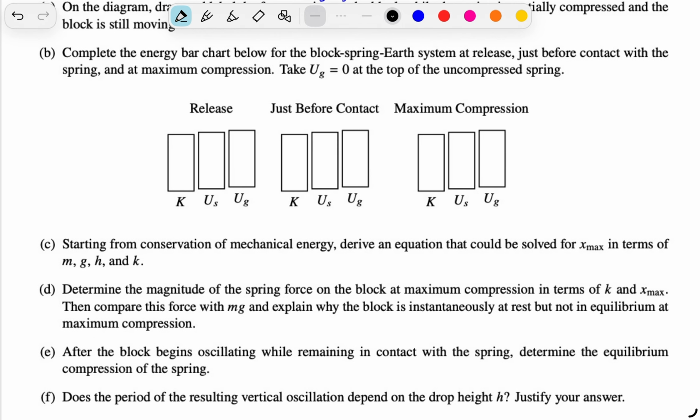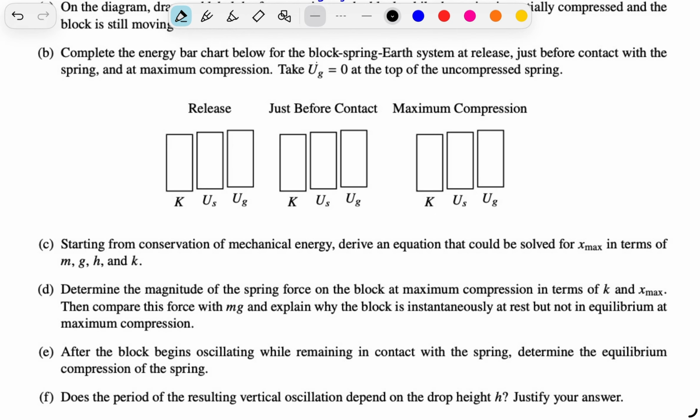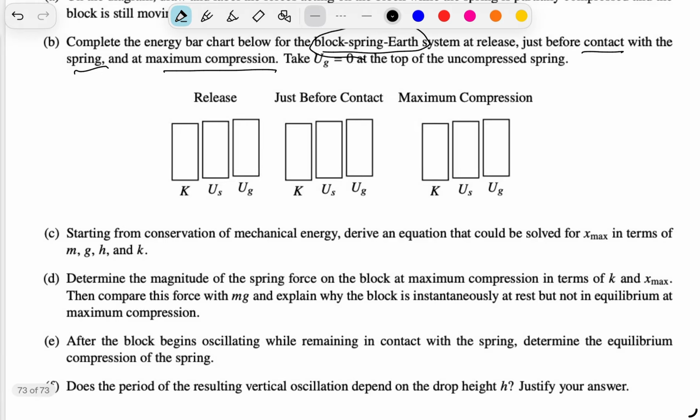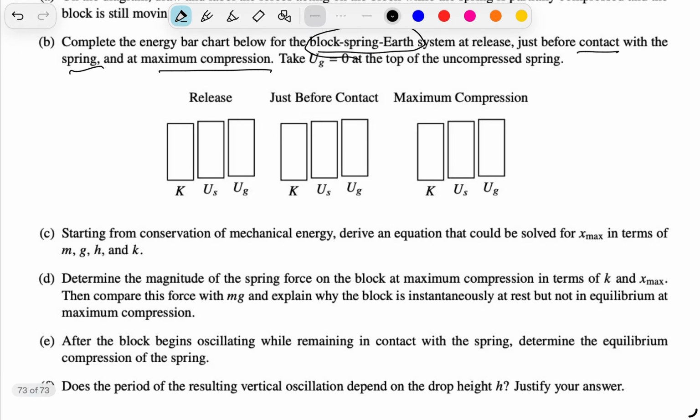Complete the energy bar chart for the system at release, just before contact with the spring, and at max compression. So at release, you are at h above the spring. So K is 0, U_S is 0, and U_G is mgh.